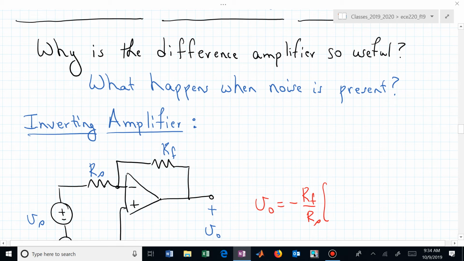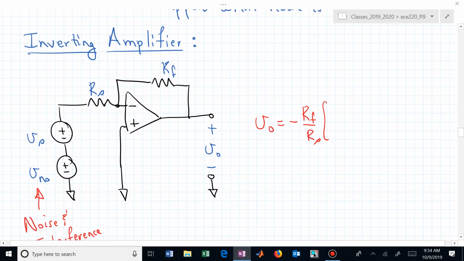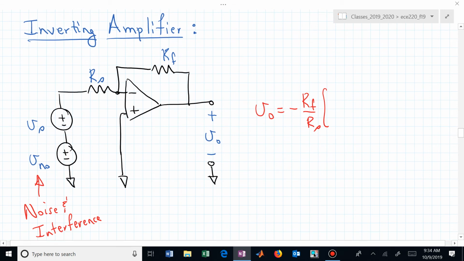What happens if we have noise or interference coming into the traditional inverting amplifier circuit, where this V sub NO is an abbreviation for noise and interference? We don't want it, but it's there.